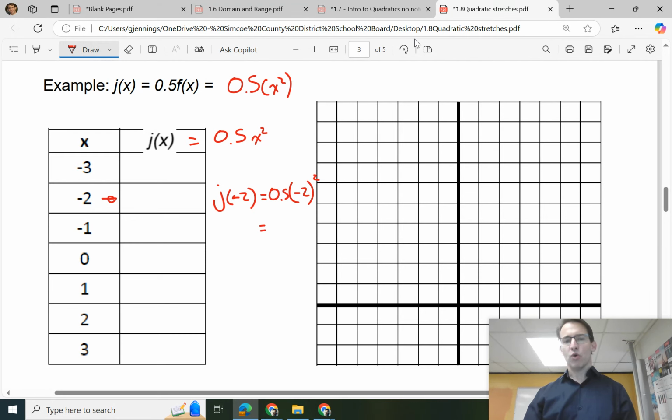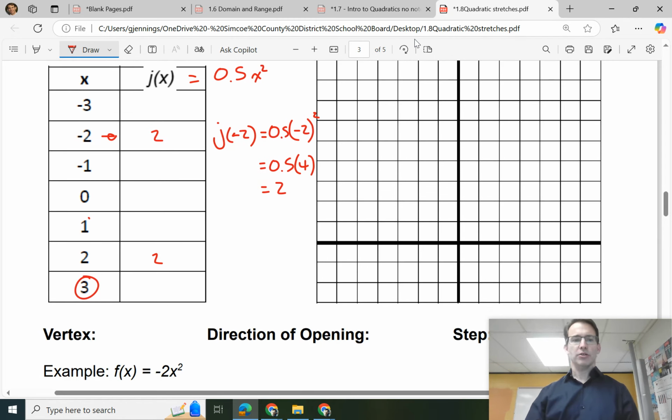Minus 2 squared is 4, so I have 0.5 times 4. 0.5 of 4 is 2, so that's now 2. This one over here, also 2. It's symmetrical. Let's check this one here, 3. Let's do this one too, and these ones. This one's 0.